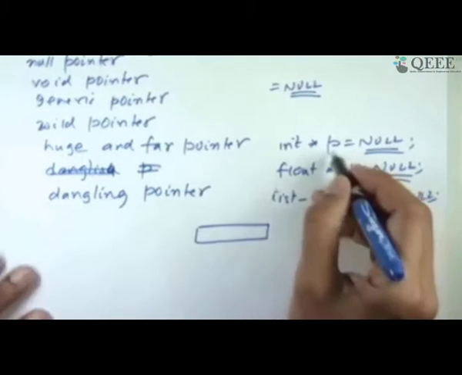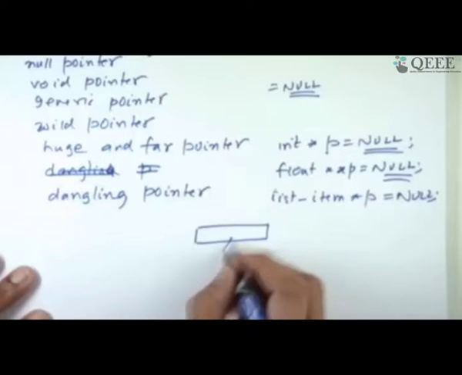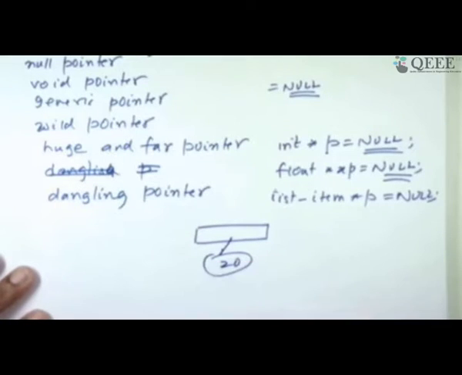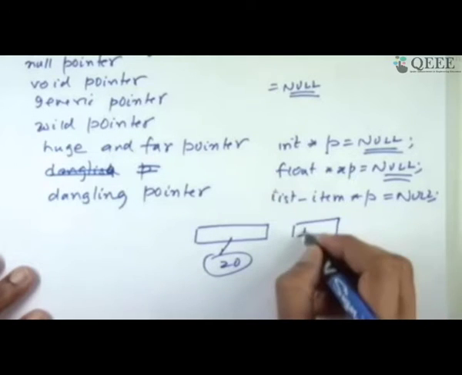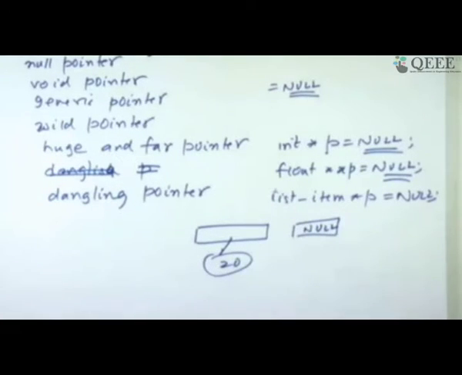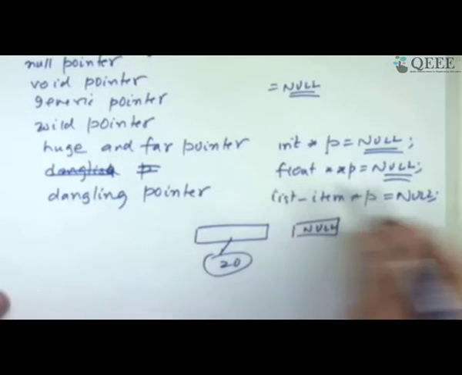You have specified p as int star, so it should point to an integer. You are supposed to put an integer address here. Eventually I will put that, but currently I want to put null, saying I don't have a value. So null is in some sense a generic constant which you can put in any pointer. xp is a pointer to float, but I initialize it to null.